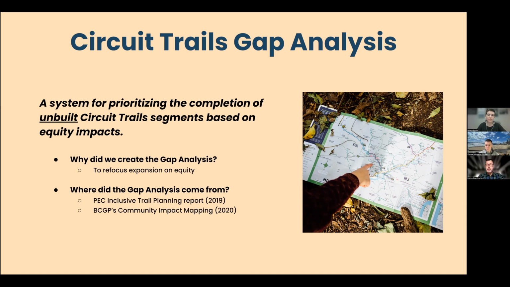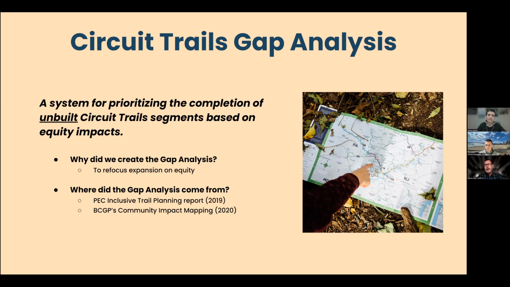I think that after the events of 2020 and the Circuit Trails strategic planning process, where we decided to make equity and to some extent diversity such a core, it's not really a theme, it's like a principle in our strategic plan.